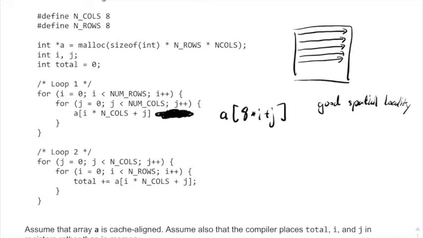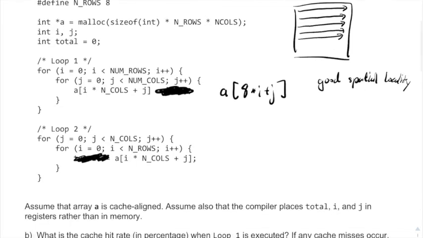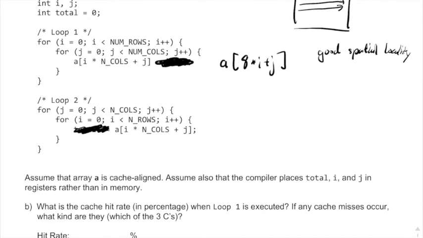Now let's look at the second for loop. Again, it's very similar. Like I said, we don't really care about what happens with total. All that's important is we access I times n cols plus j, which again is 8 times I plus j. But the difference here is that I is in the inner loop.